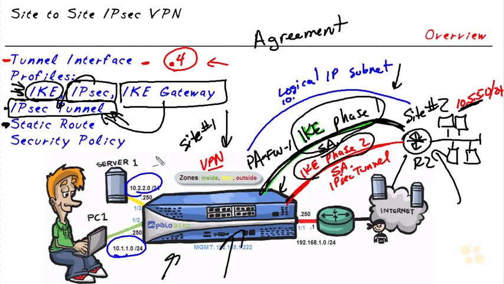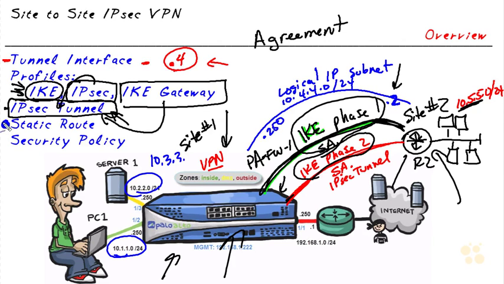Our remote access VPN clients are using 10.3.3. Let's go ahead and use 10.4.4 for the logical IP subnet that's being represented by the IPsec tunnel. So maybe we give the Palo Alto the IP address of .250. That'll be consistent with our other numbering. And over here, R2, we give it the logical address of maybe .2 because it's router 2.